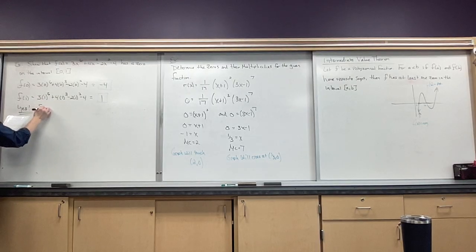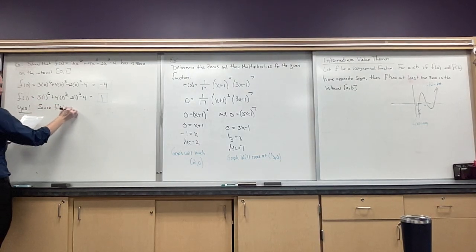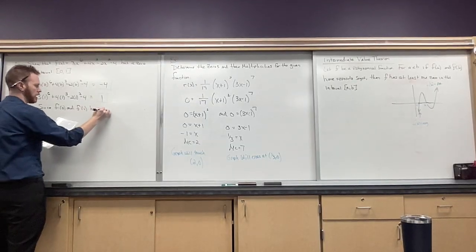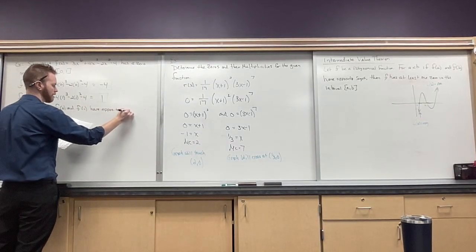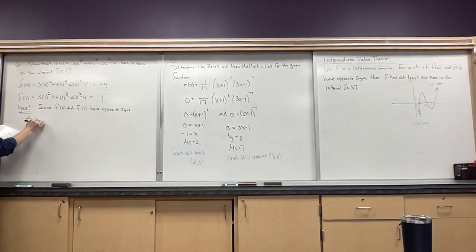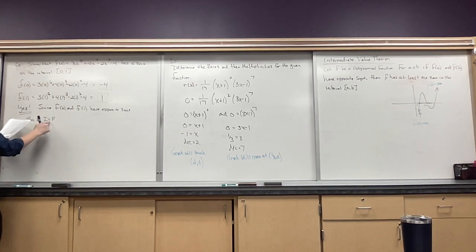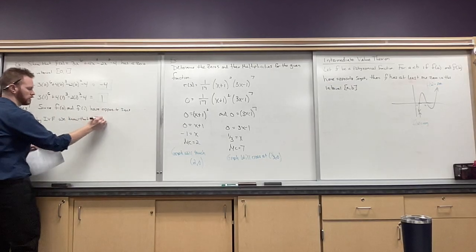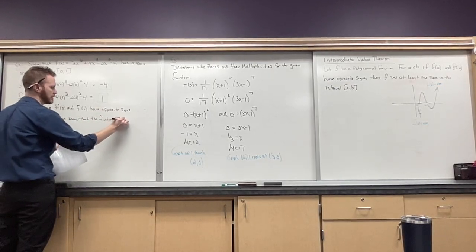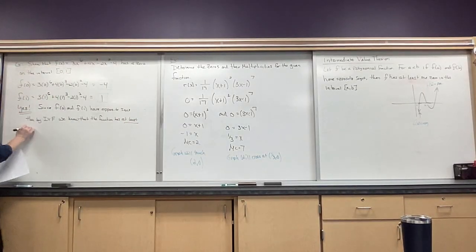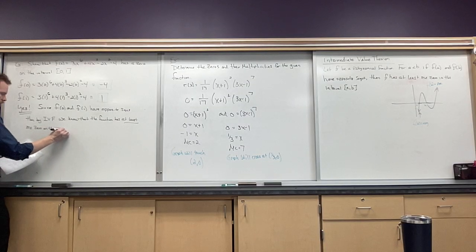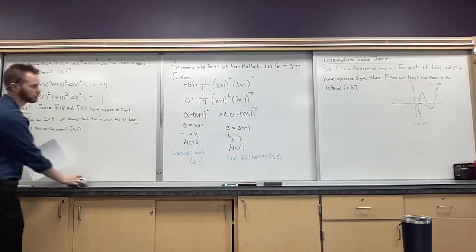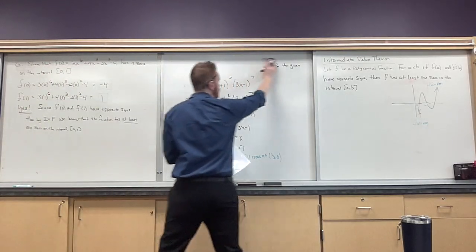Yes, since f of 0 and f of 1 have opposite signs, then by, we'll say IVT, I'm going to abbreviate, Intermediate Value Theorem, we know that the function has at least one zero on the interval 0, 1. Could have more than one. But we know there's at least one that exists.